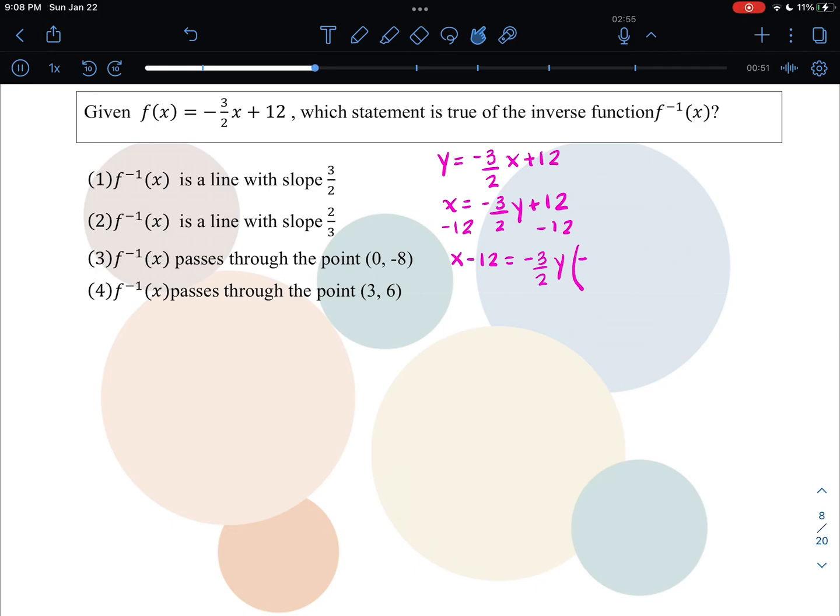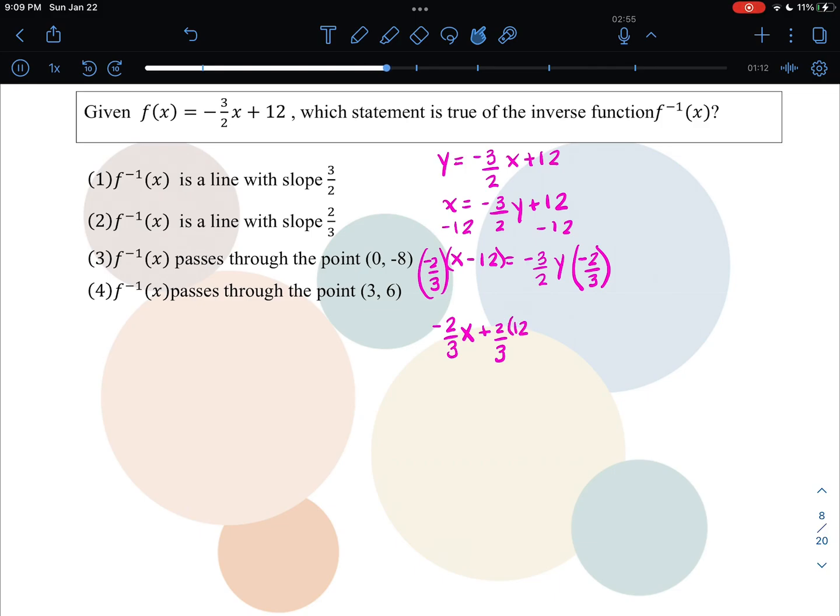To get rid of that negative 3/2, I'm going to multiply by the reciprocal. I'm going to do the same to the other side, multiply it by negative 2/3. So I now get negative 2/3 x plus 2/3 times 12.